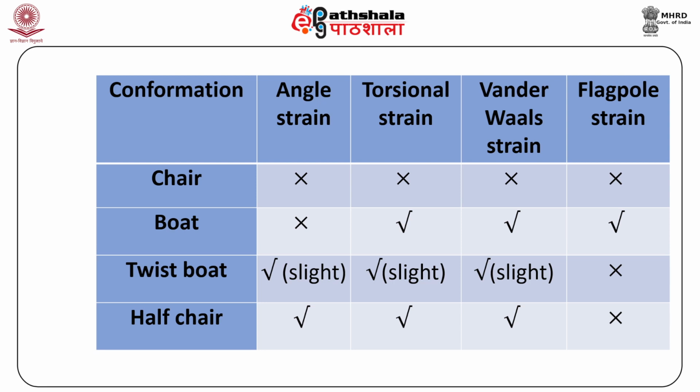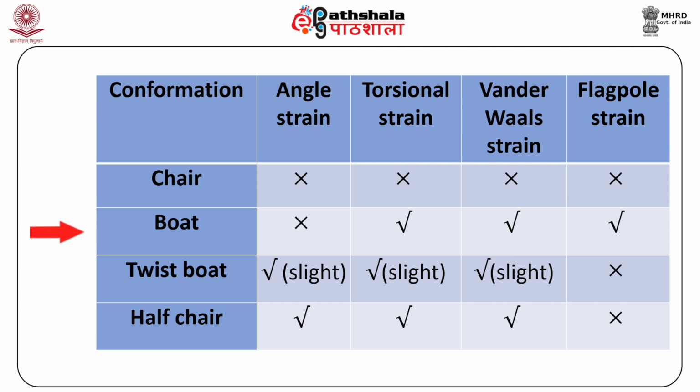The table summarizes the amount and the types of strain in various conformations of cyclohexane. Let us just summarize these strains. You can see in this table, the chair conformation has no angle strain, it has no torsional strain because all the bonds are in the staggered conformation, it does not have any van der Waals strain, and it has no flagpole strain because no two hydrogens are actually bumping into each other in chair conformation.